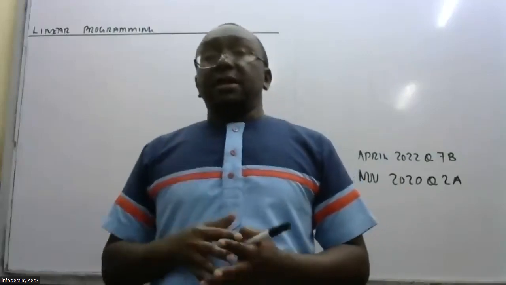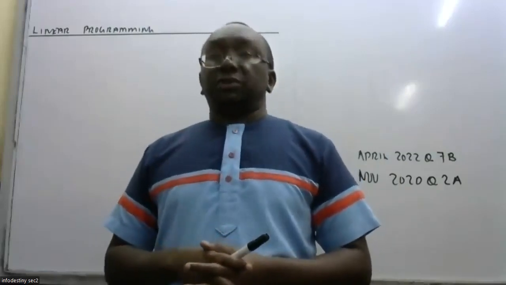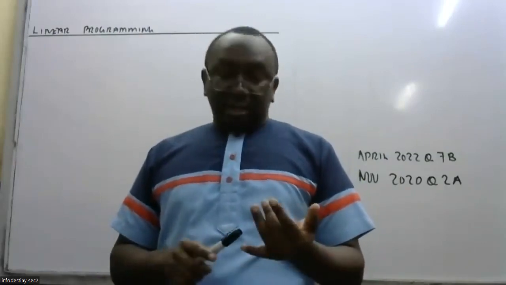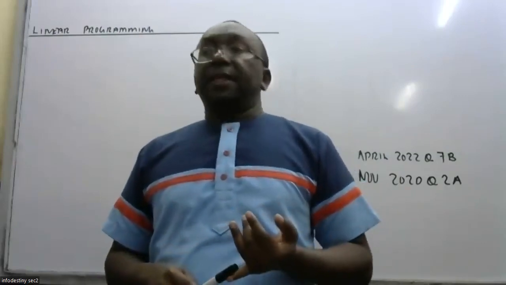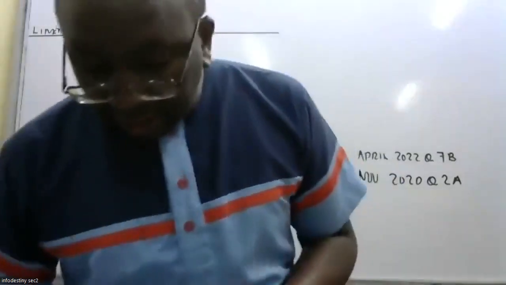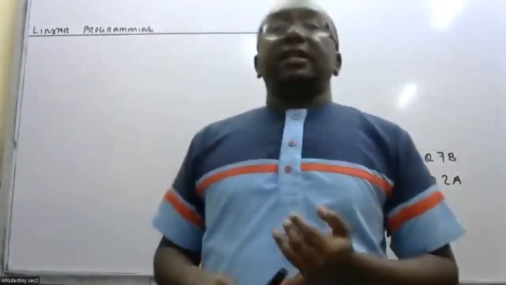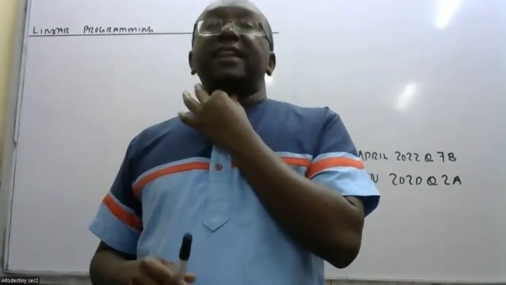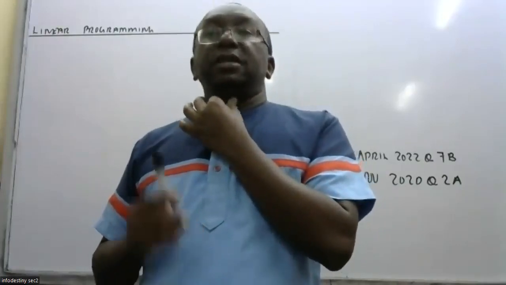Now, linear programming is founded on a set of assumptions. Number one is called the certainty assumption. Or maybe I discuss them as they follow in your notes. The first one is non-negativity. Non-negativity means that we do not have negative values in linear programming.